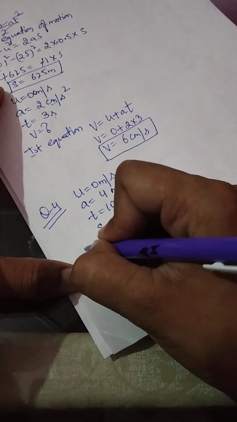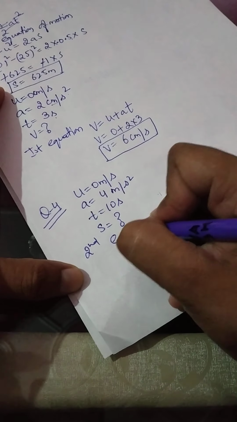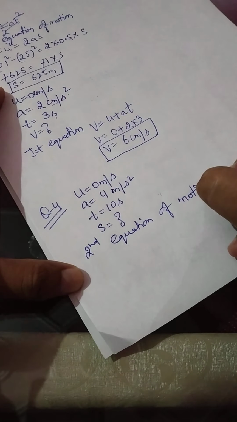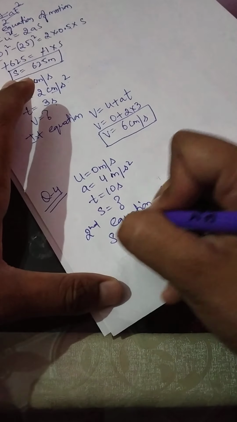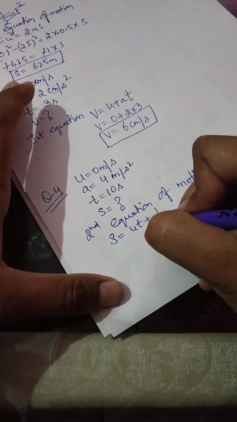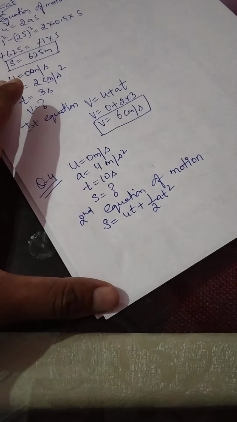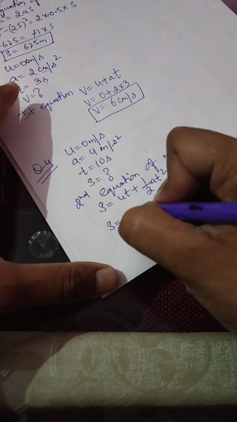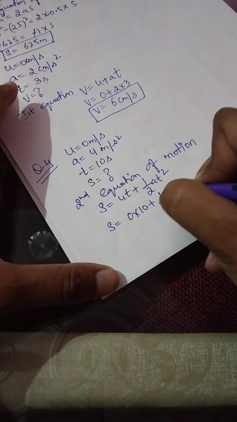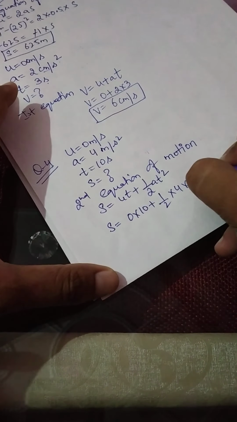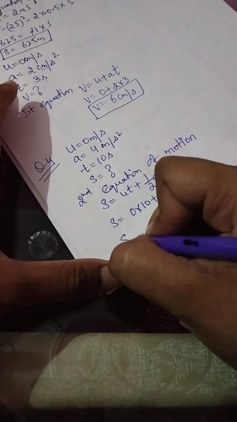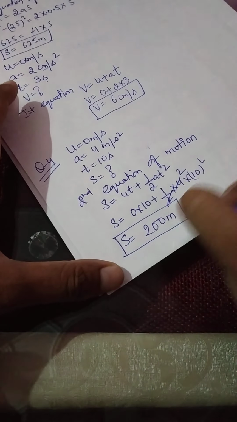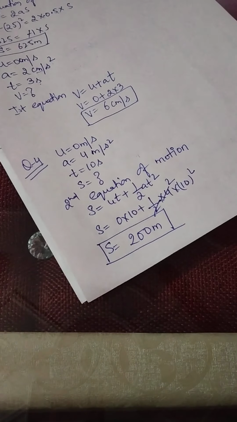We'll make use of second equation of motion, which says s equals ut plus half at square. On solving, it comes out to be 200 meters.